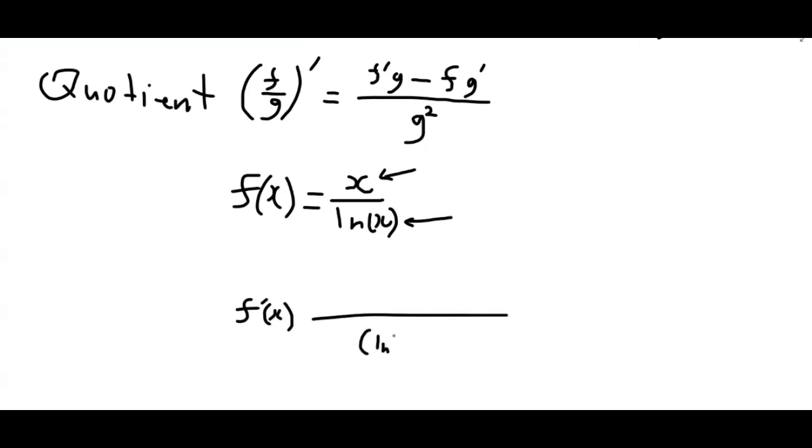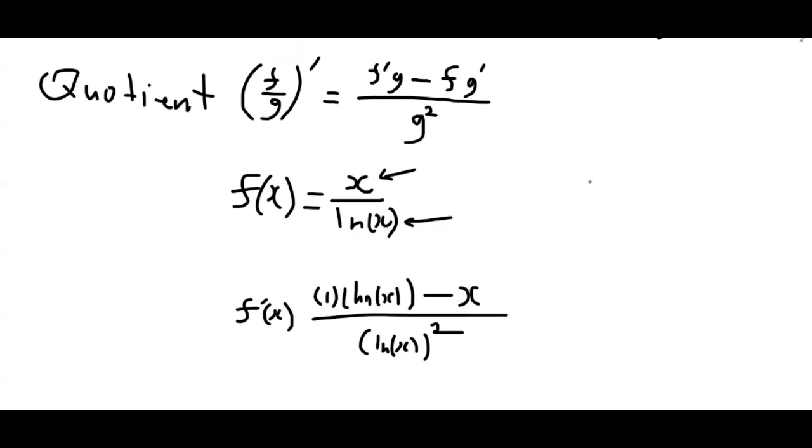So ln of x, all of that squared. Now I'm going to go ahead and take the derivative of x with respect to x, which is 1, and keep the ln of x. So we have 1 times ln of x, and then minus, keep the x because we need to take the derivative of the second function, which over here is ln of x.